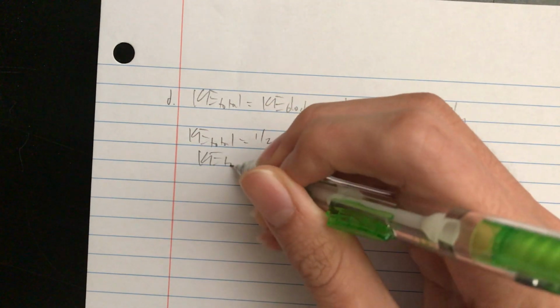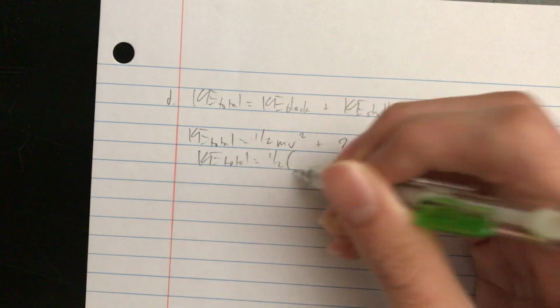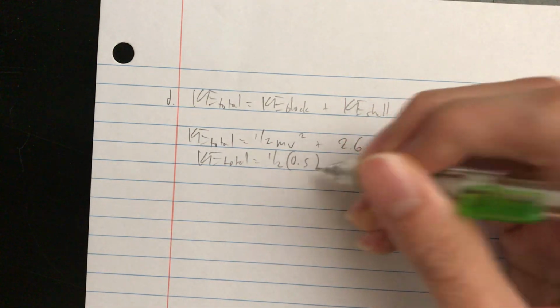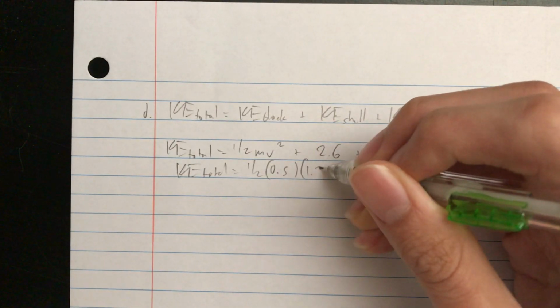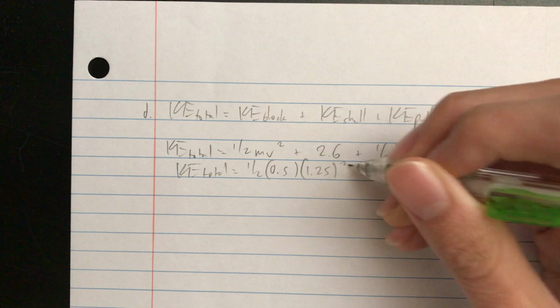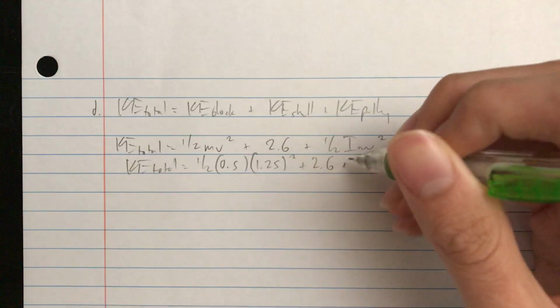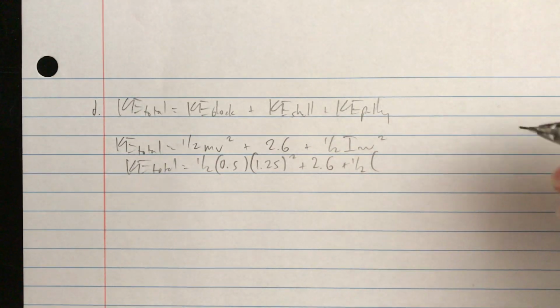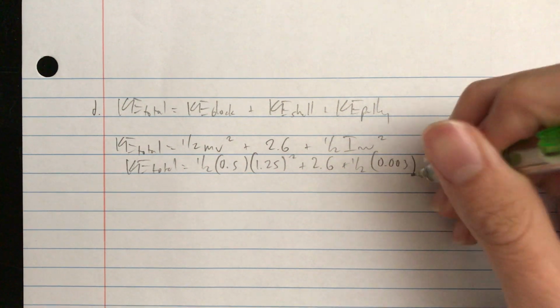Okay, KE total equals 1/2, the mass of the block is 0.5, V is 1.25 squared, plus 2.6 plus 1/2 I of the pulley, which is 0.003.